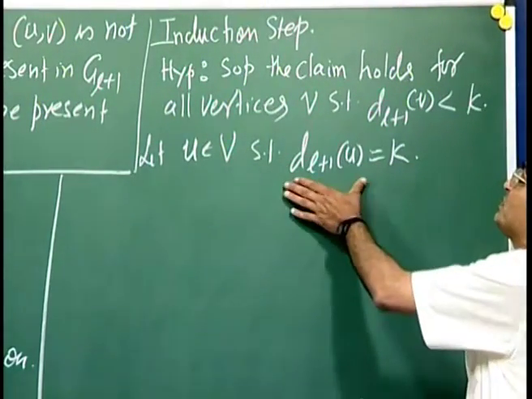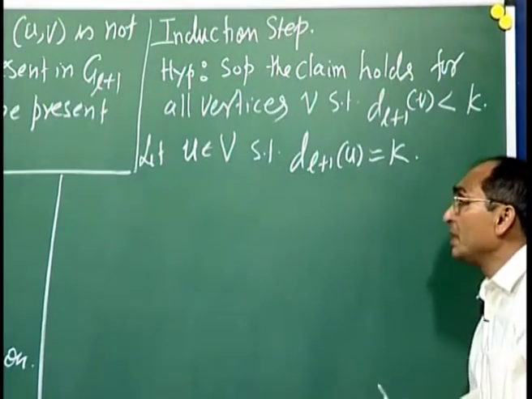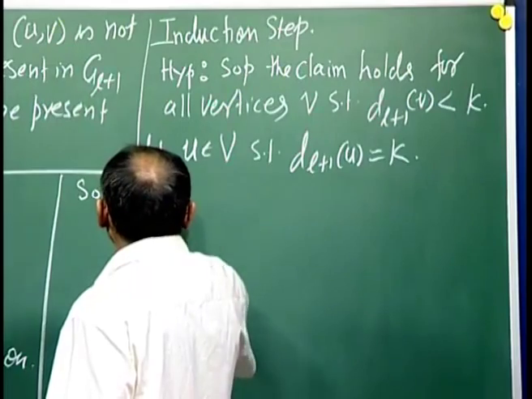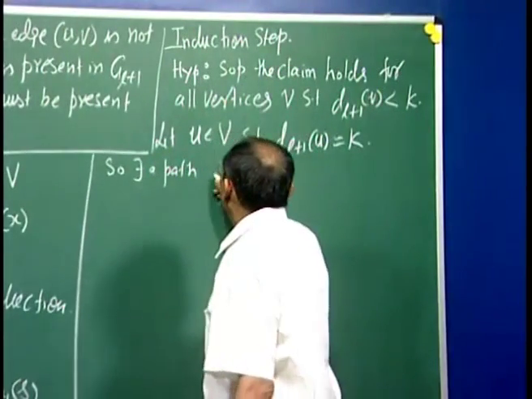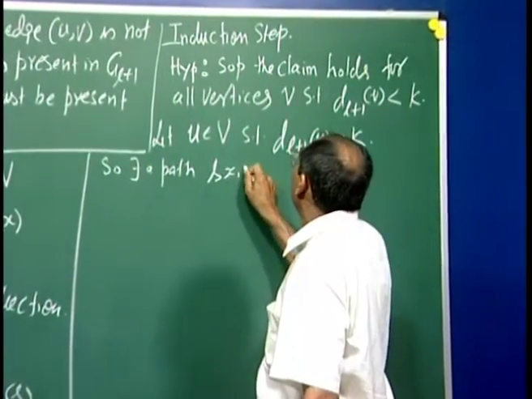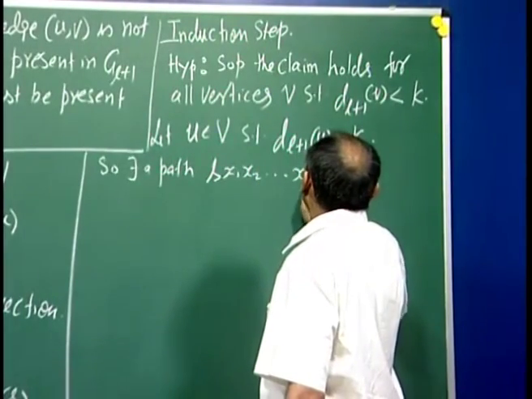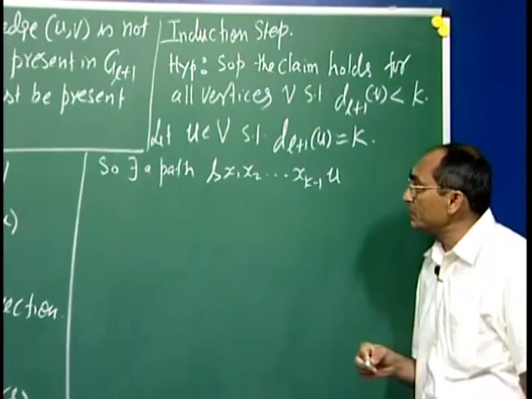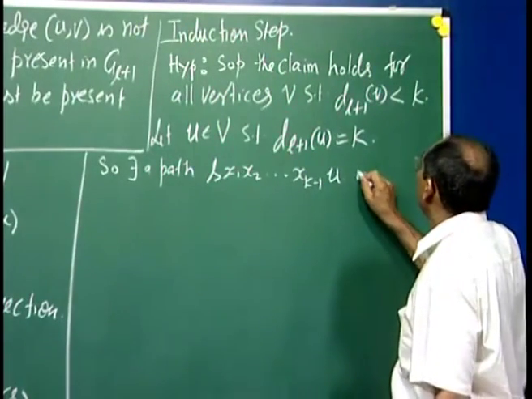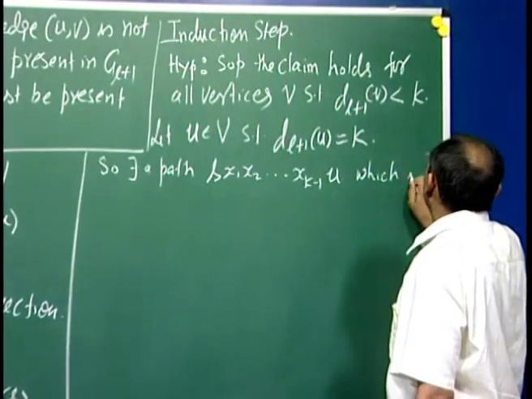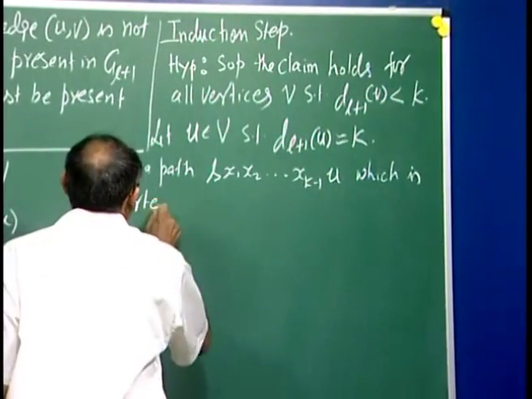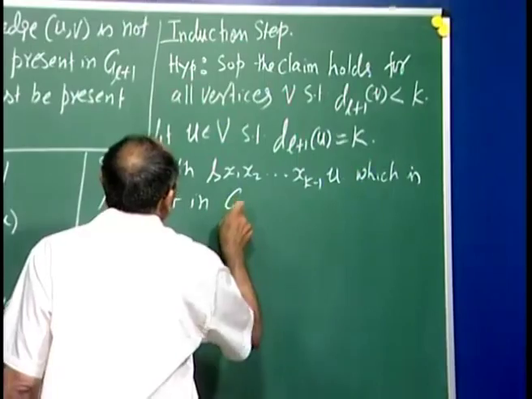Distance is the length of the shortest path. So there exists a path S x1 x2 ... x k minus 1 U, which is shortest, in GL plus 1.